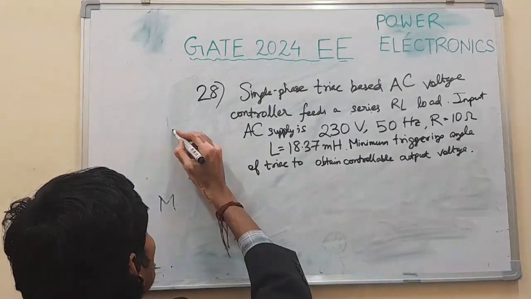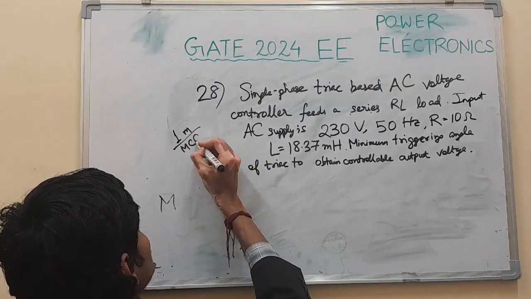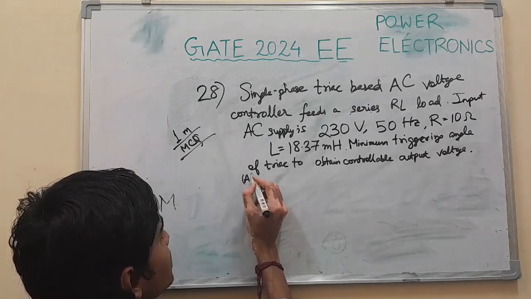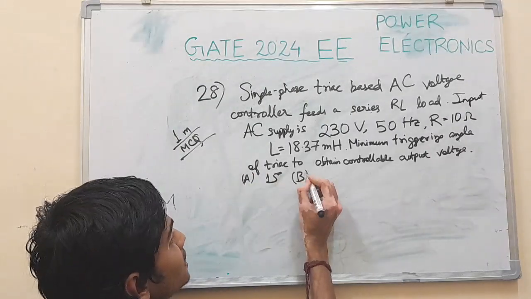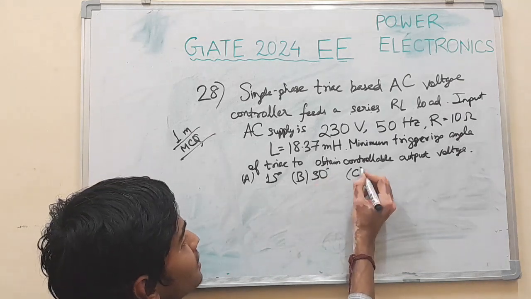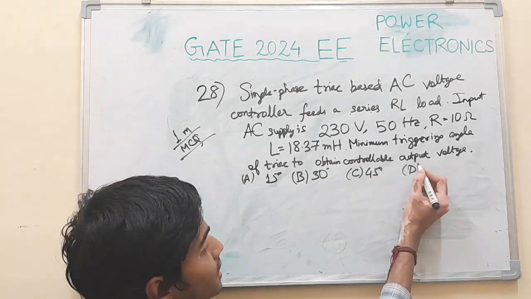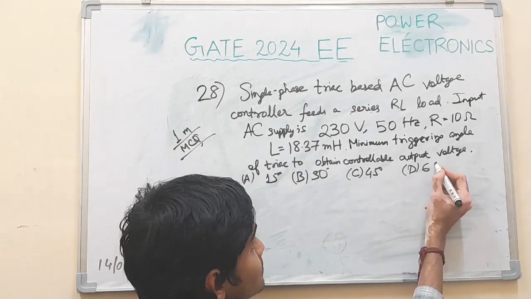This is a 1 mark MCQ question again. Options given are A 15 degree, B 30 degree, C 45 degree and D 60 degree.